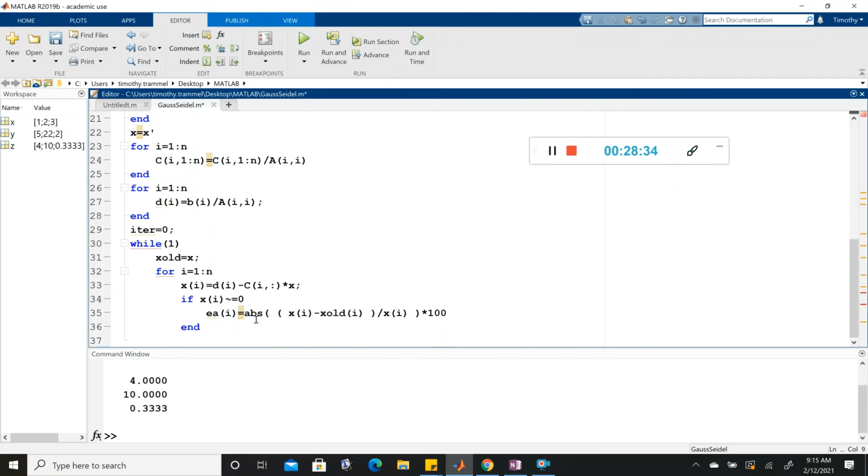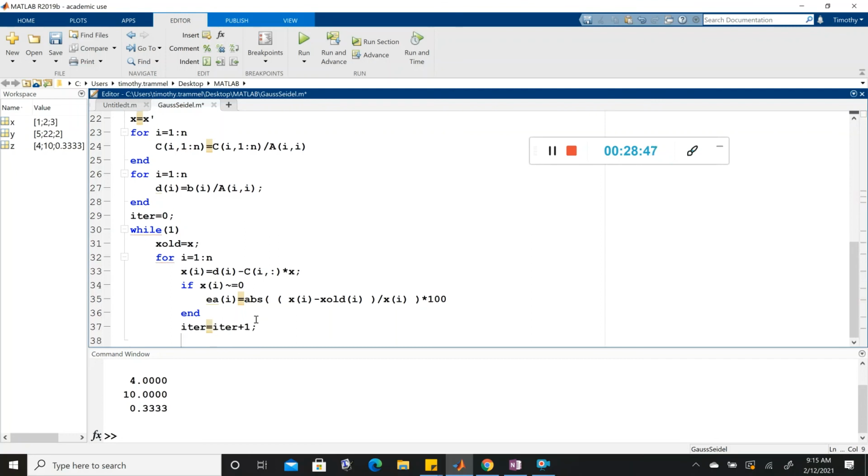And finally, we're still in the while loop, right? So we would like to count our number of iterations. So iter equals iter plus 1. And then finally, we need the stuff that might break this while loop. So we want every single one of the x sub i's to be within the desired accuracy.